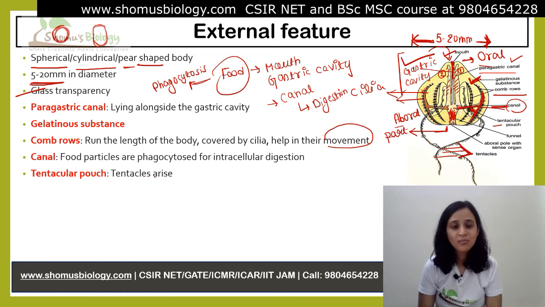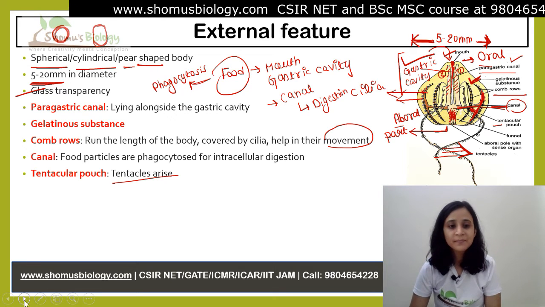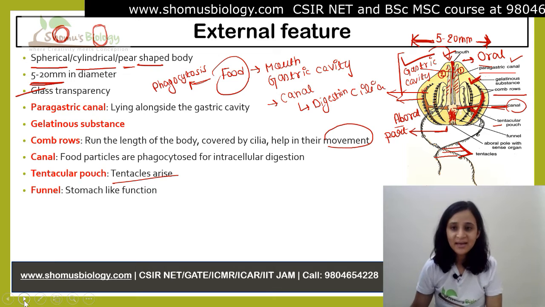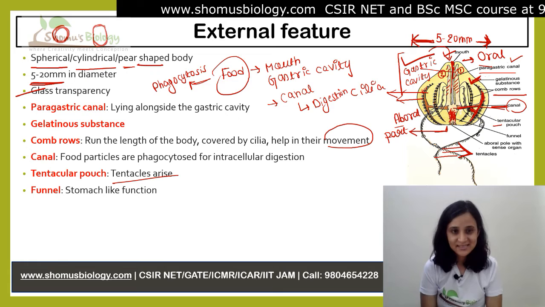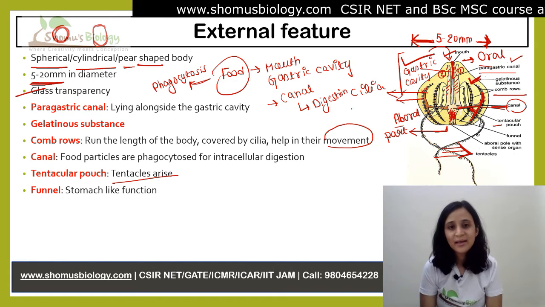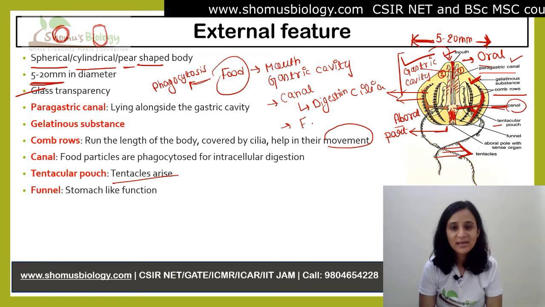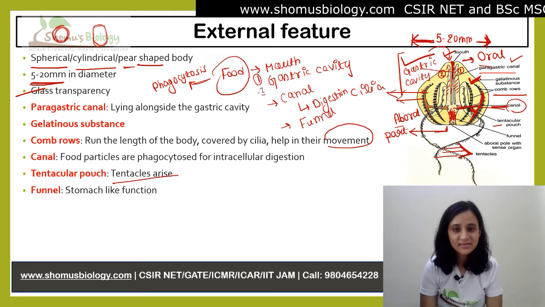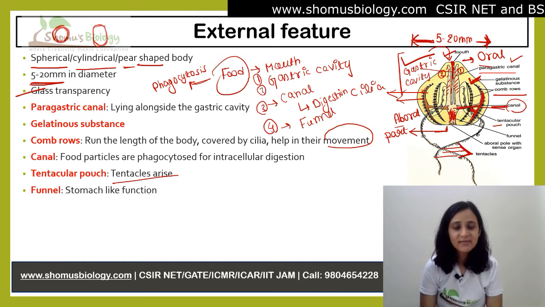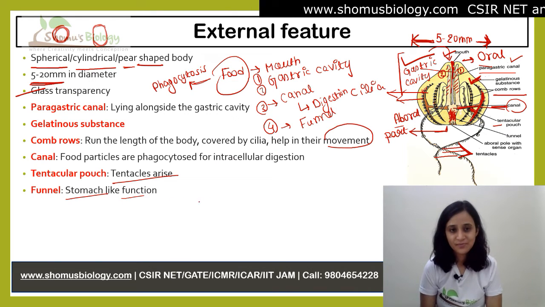Tentacular pouch: from the pouch tentacles arise, that I have already mentioned. Funnel: when food is now digested, it comes to the funnel. So first is the mouth, second is the gastric cavity, third is the canal, fourth is the funnel. The funnel has some stomach-like function.